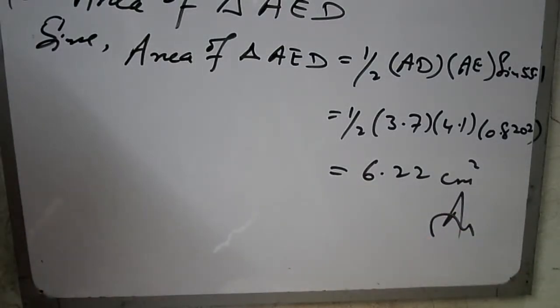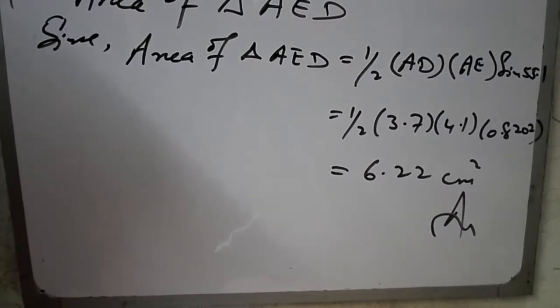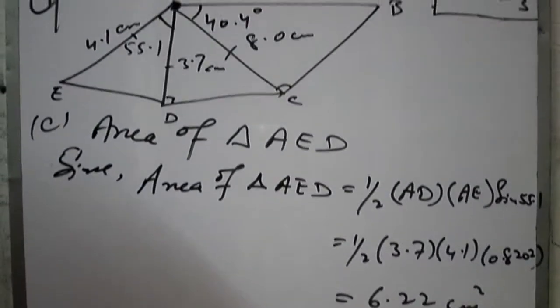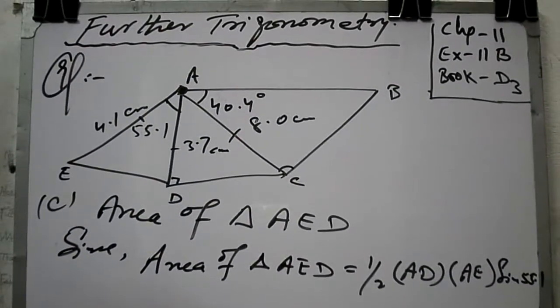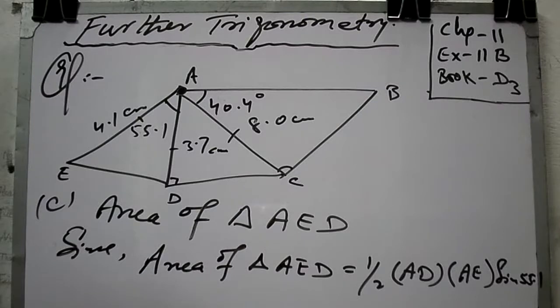Now coming to question number 10. If you read the statement, in the figure ABCD is a parallelogram and B is a line segment. If DE is equal to 2AD and the area of ABCD is 20 centimeters square, find the area of triangle ABE.